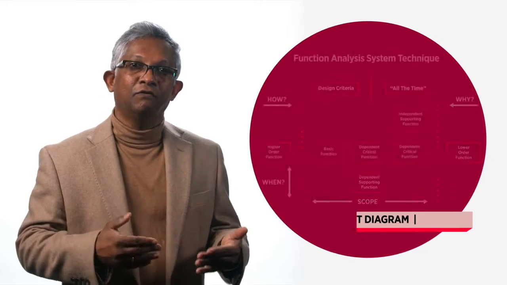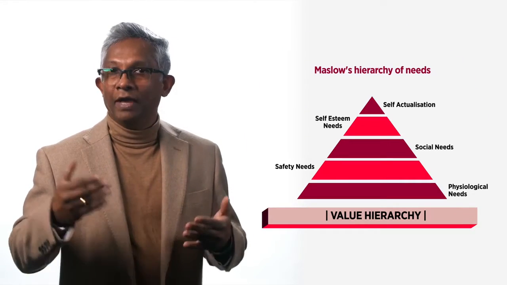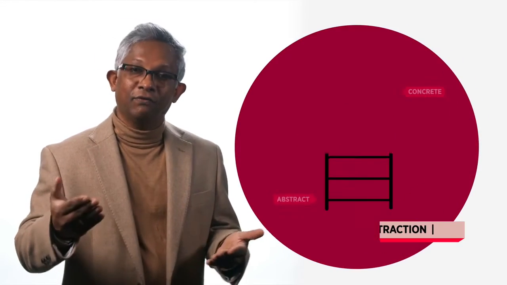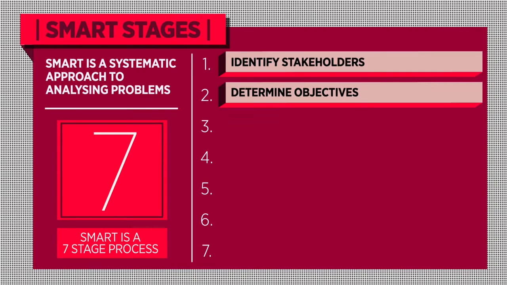There are other similar methods that can be used in analyzing a design. For example, function analysis system technique called FAST, or value hierarchy, or ladder of abstraction. SMART, the systematic approach to analyzing problems, can be described as a 7-stage process.